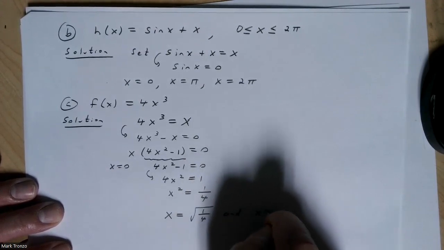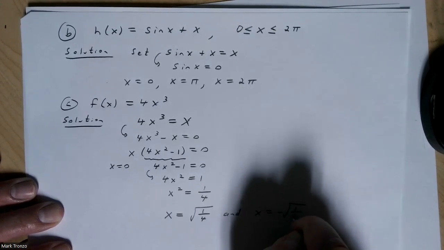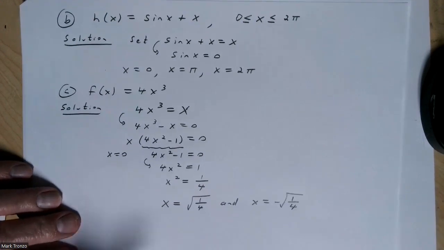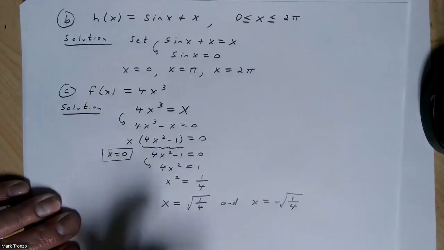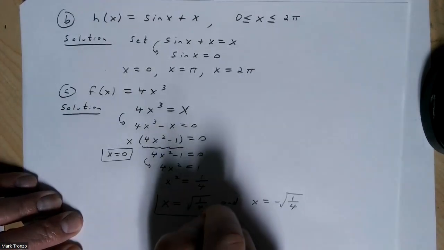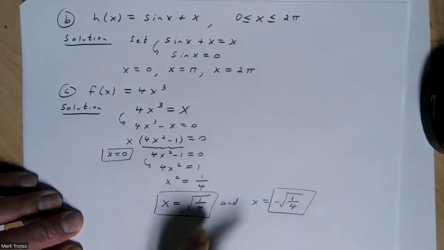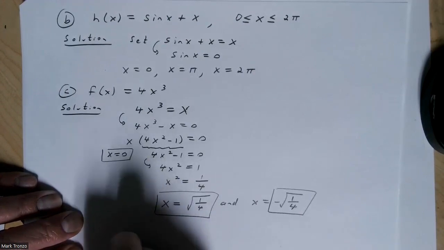And x is going to be the negative of the square root of 1 over 4. And of course, the square root of 4 is 2. So we have these solutions up here. X equals 0, one over the square root of 4. And so these can actually be written. Let me write them all down.